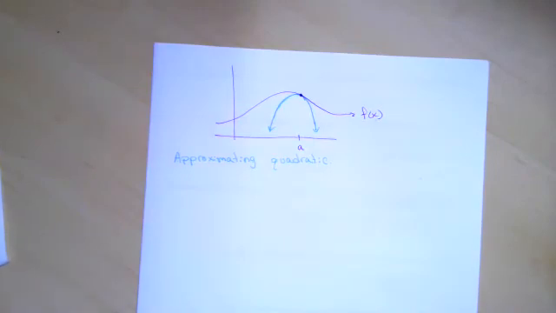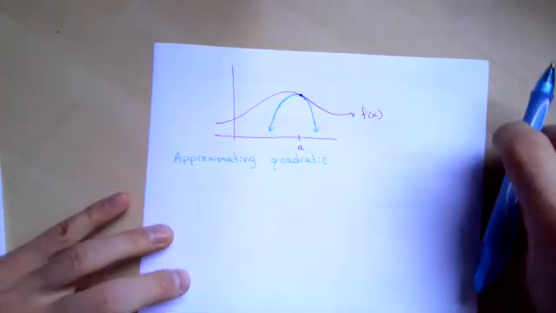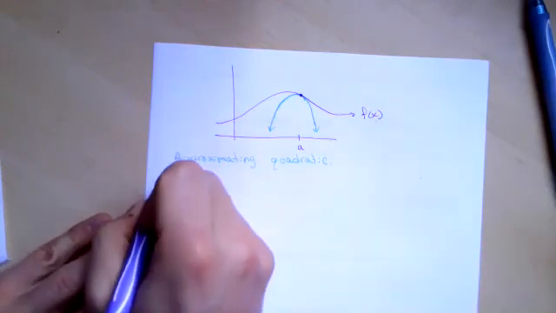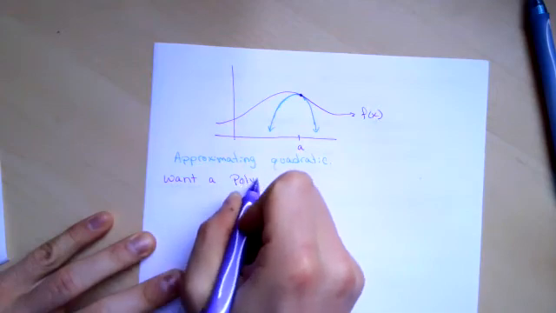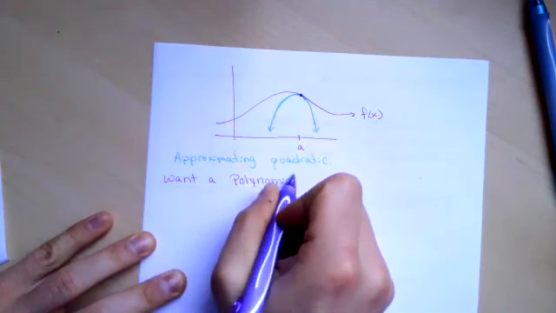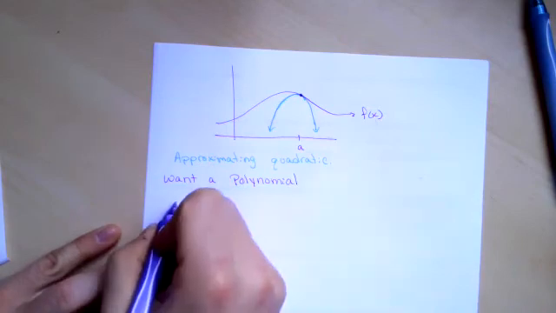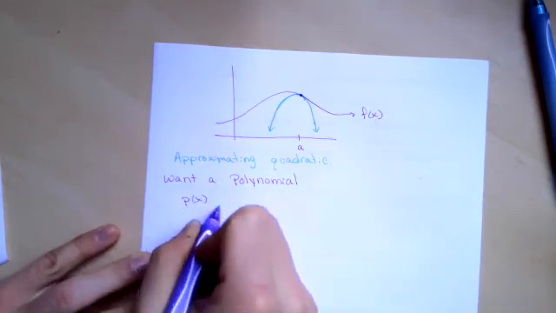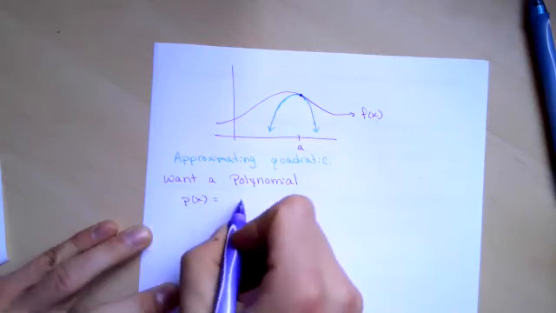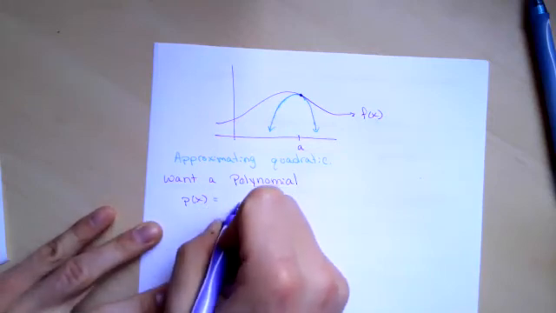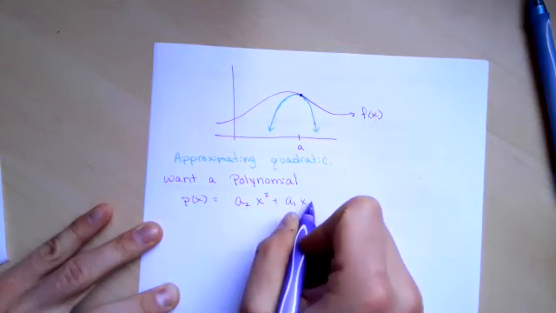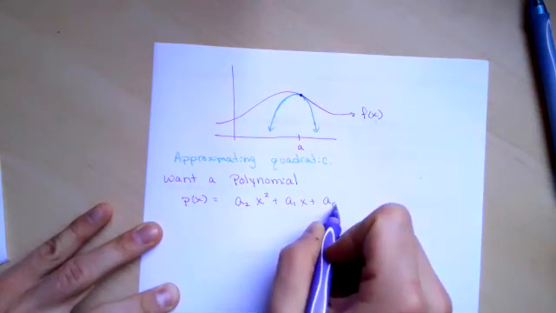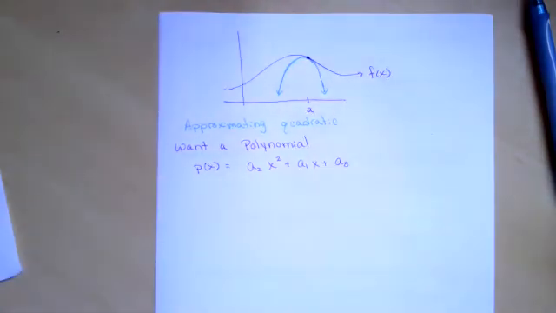Okay, so what do we want out of this? We need some polynomial of degree 2. Let's call this P of x. That is, let's give it our coefficients, a2 x squared plus a1 x plus a0. So a standard generic degree 2 polynomial.